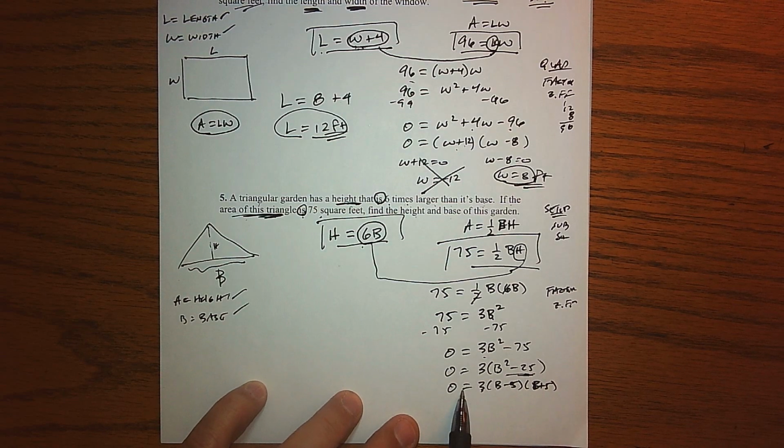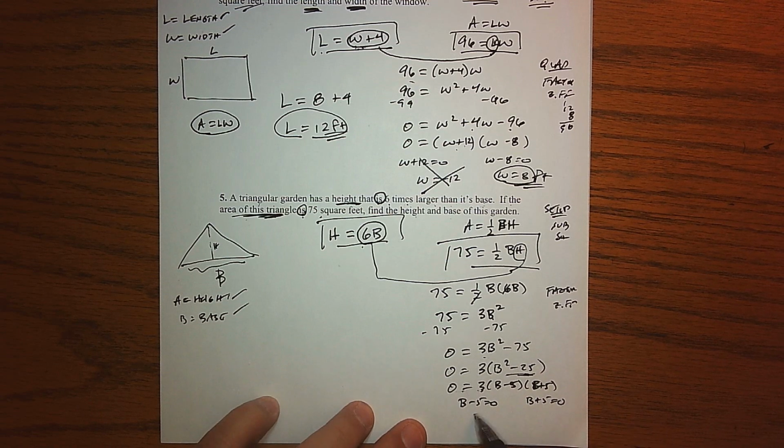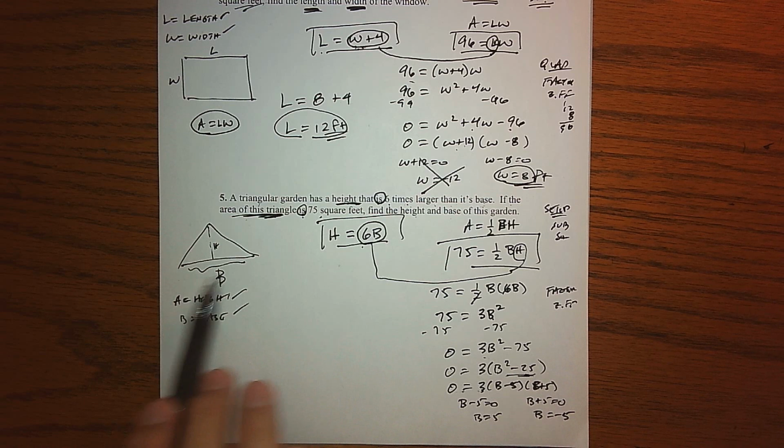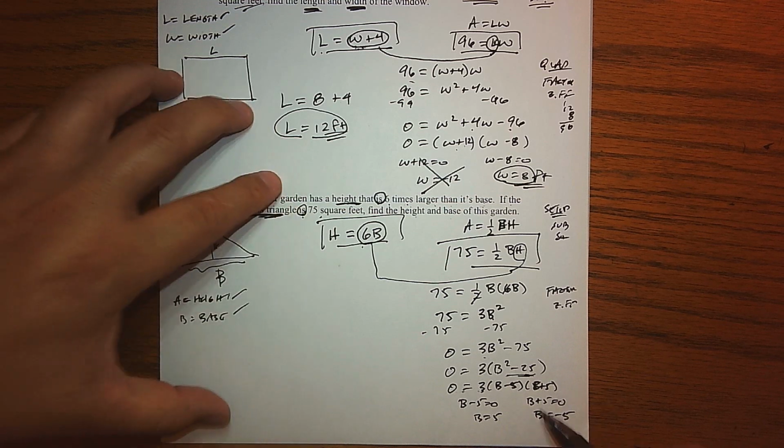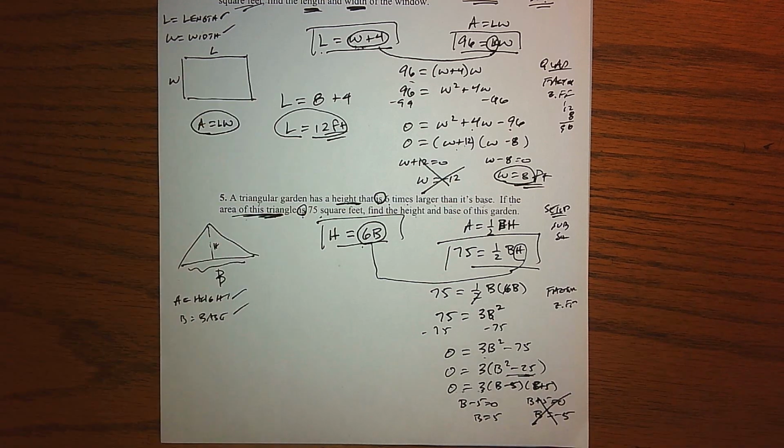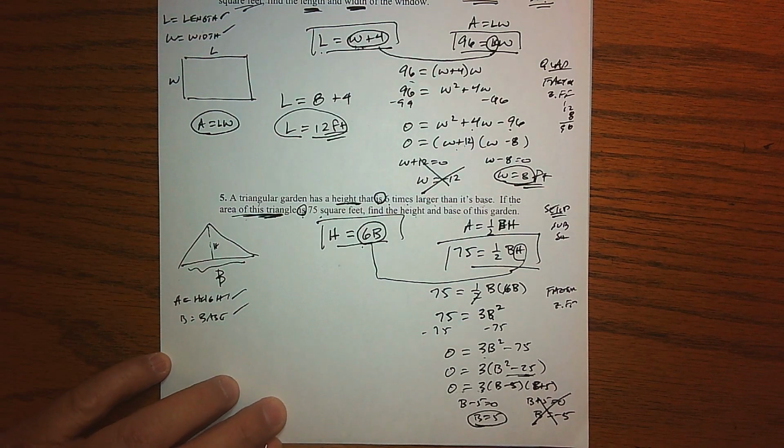Now that 3 is never 0, so that's not going to worry us, but B minus 5 could be 0, or B plus 5 could be 0. This gives us B equals 5, and then B equals negative 5. Since we're talking about a physical shape, it doesn't make sense to have a negative number as our answer. So this one doesn't make sense for the word problem, even though it's an answer to the equation. The one that makes sense is B equals 5.